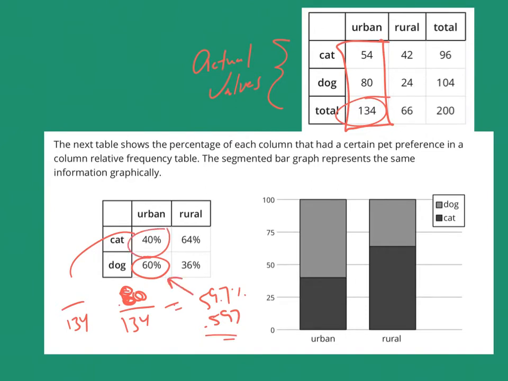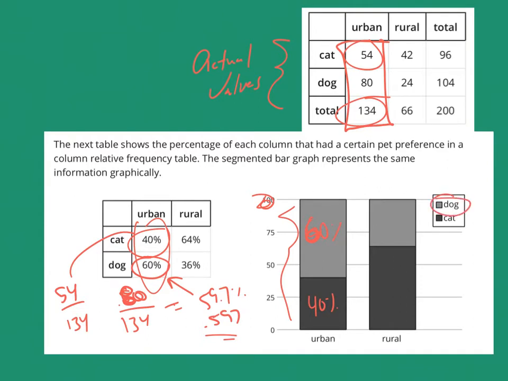Where did the 40% come from? I took my 54 and divided by 134. 54 divided by 134 is going to get me 0.403, which is about 40%. And what happens when I add up 40 and 60%? I get my 100%. So this is the 40% and this is the 60%.